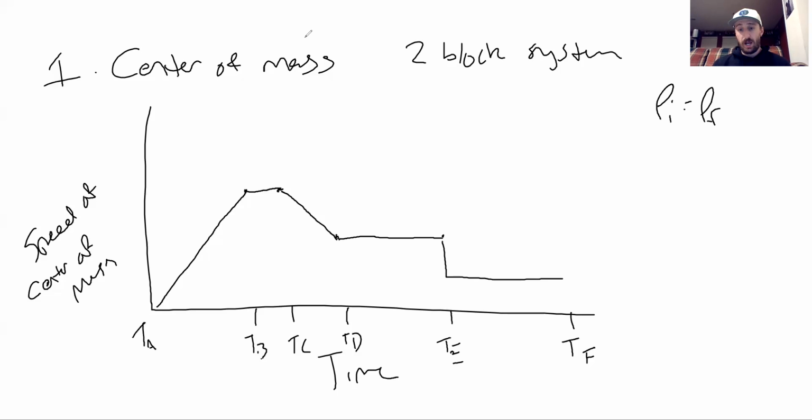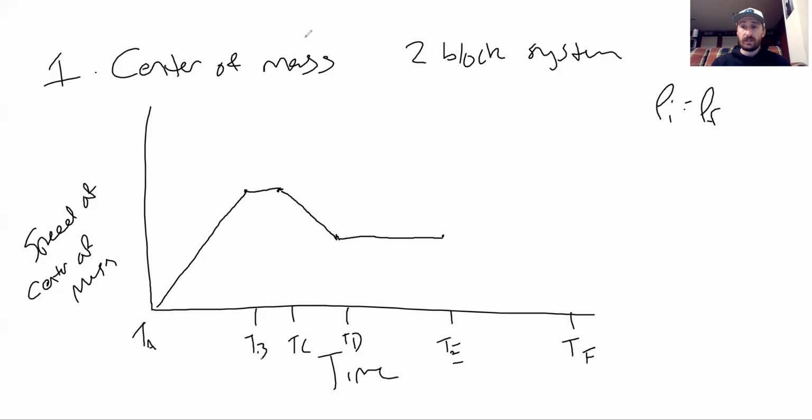Well, that's not correct because we're talking about the center of mass. This drawing would be accurate if we were drawing the velocity of block 1 throughout time. So let me undo that. Now, what was I going to say?